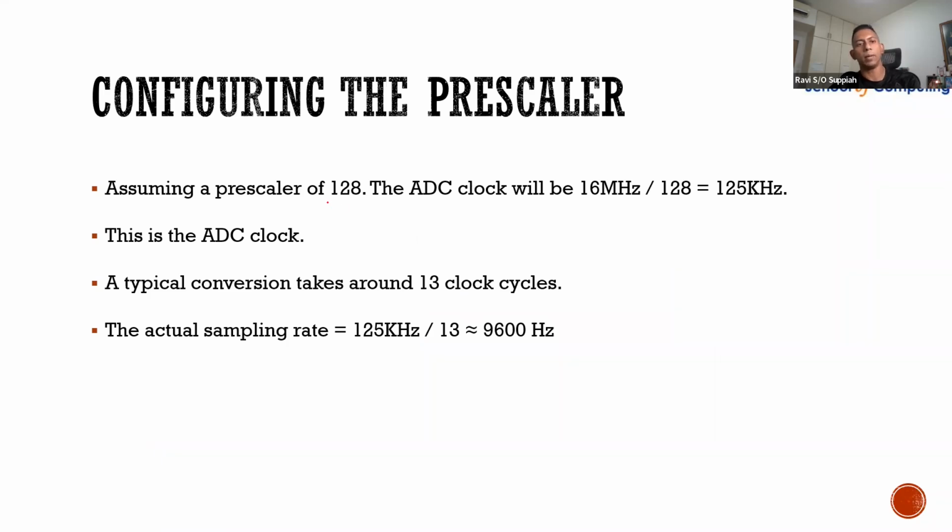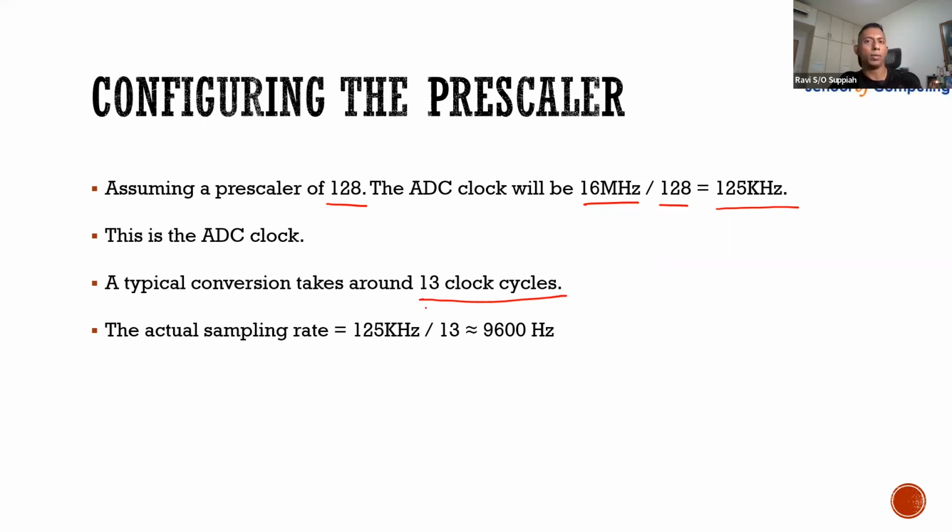Now let's assume we select a prescale value of 128. The ADC clock will then be 16 megahertz, which is the main clock, divided by 128, which will give us 125 kilohertz. This is the clock being supplied to the ADC. As we saw earlier, the ADC itself takes some time to perform the conversion. A typical conversion takes around 13 clock cycles, though it may take slightly more in certain cases.